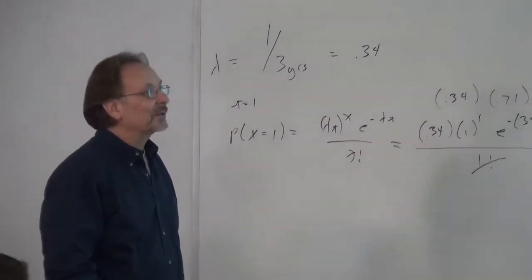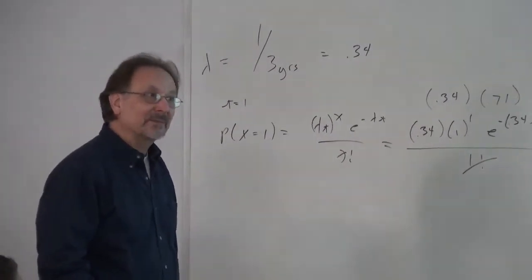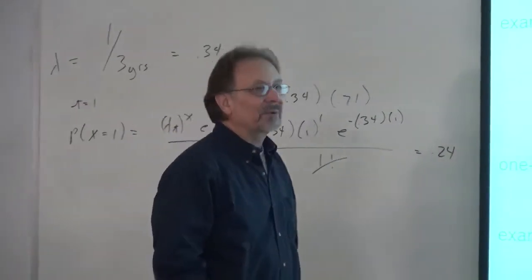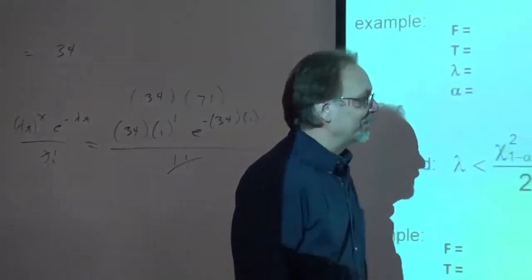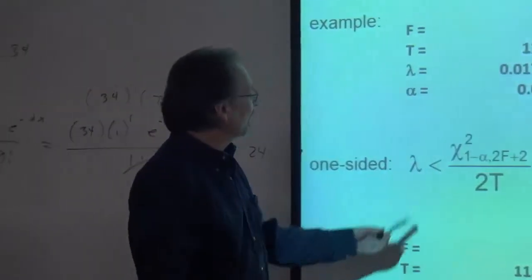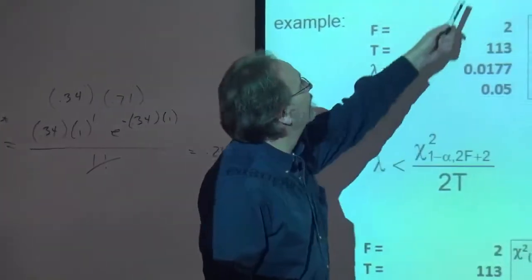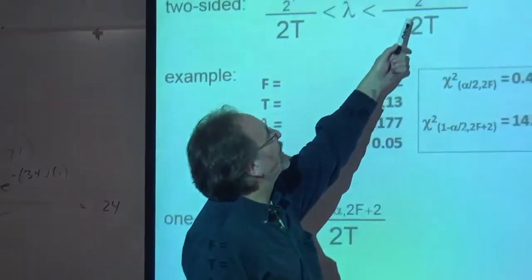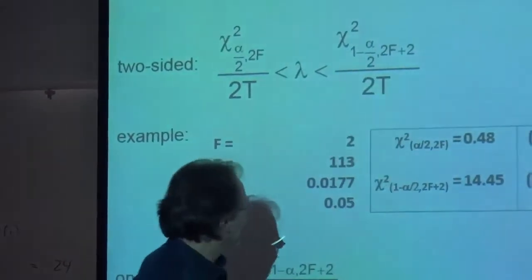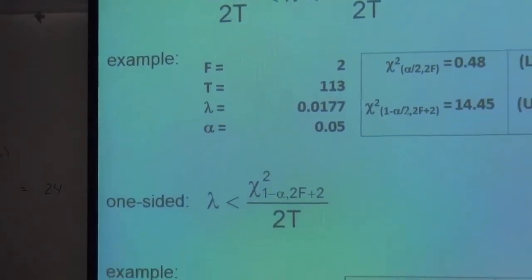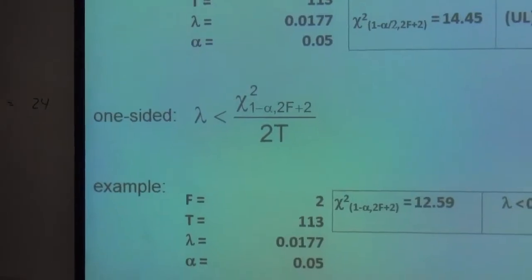So let's look at a one-sided, because that's really what we're interested in: what's the worst-case scenario of this happening. So for the lower limit, lambda is less than, and we use 1 minus alpha, based on this upper limit here, 2f plus 2. So 1 minus alpha is 0.95, 2f plus 2 is 6.